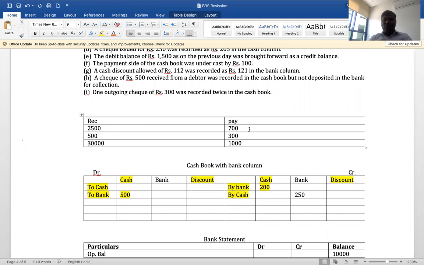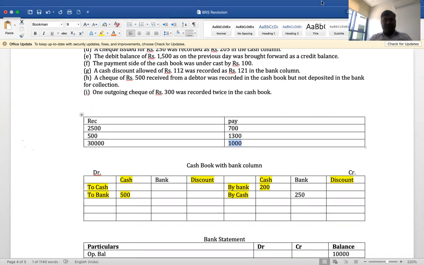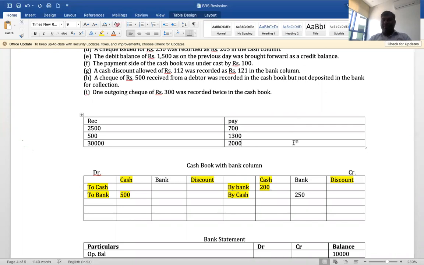And you paid, let's say, 700, and you paid 1300. And what is the total on this side? It is 2000.